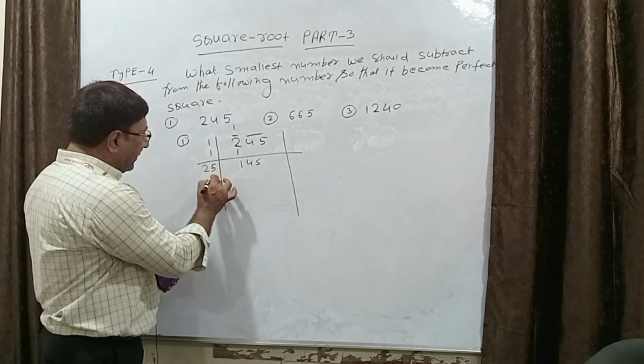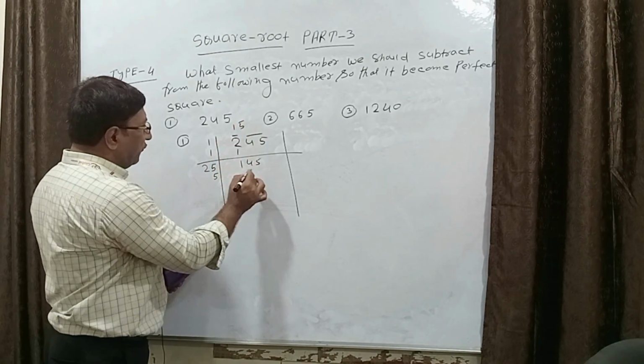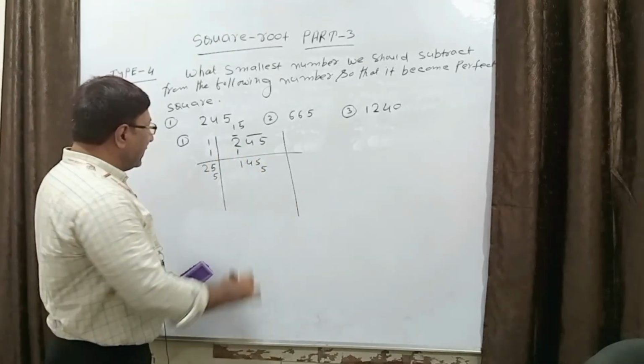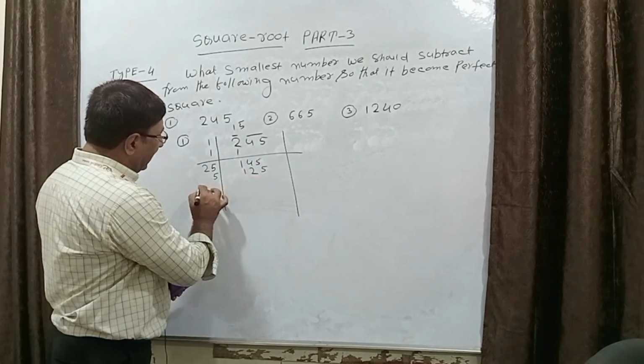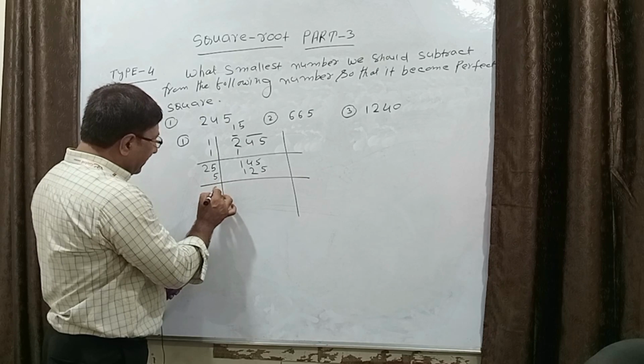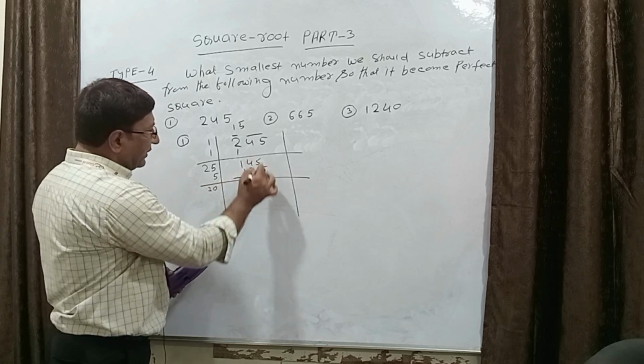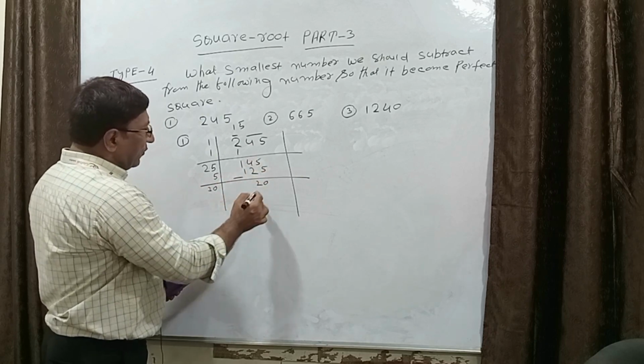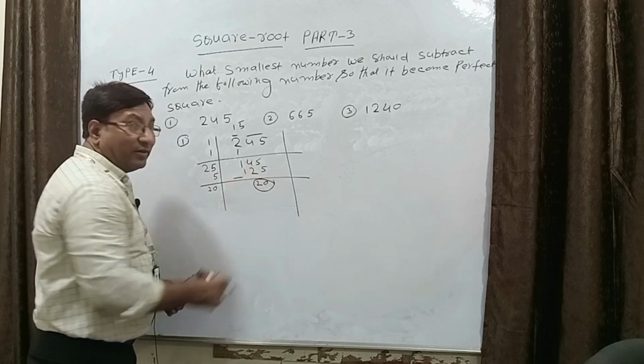So this is 2 5, 5, 5. 5 5s are 25, 5 2s are 10, 12. Now you see, add this number, this is 30. Subtract this number, this is 20. So my correct answer is 20.